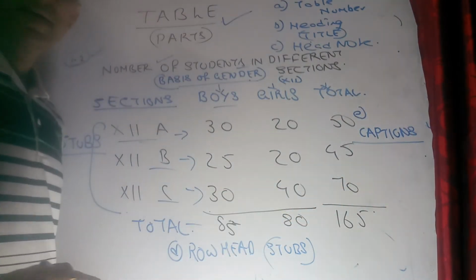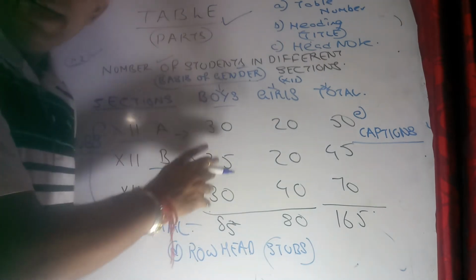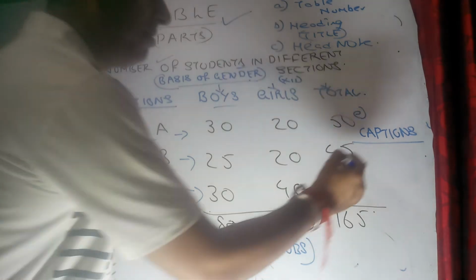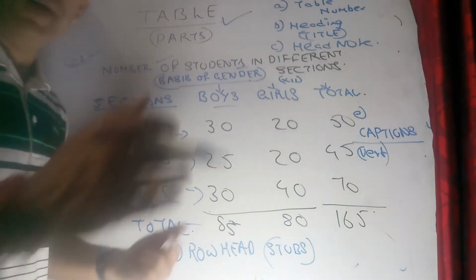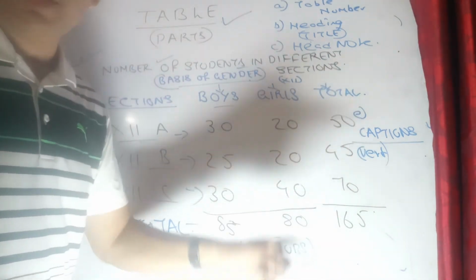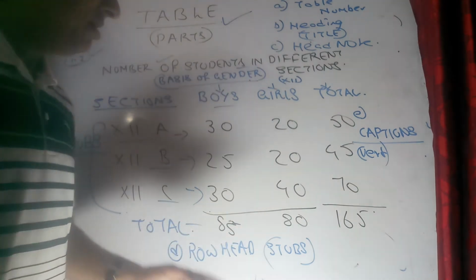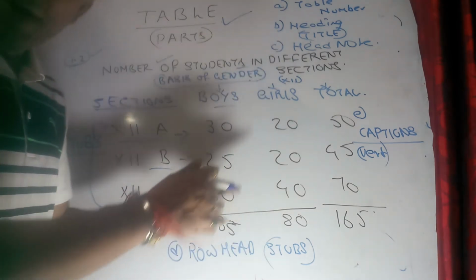Captions is the name given to the headings presented vertically. Strictly speaking, I am referring to column headings when I say captions. So remember, it can be asked of you in your MCQs or different types of exams, what are the headings given to various columns.